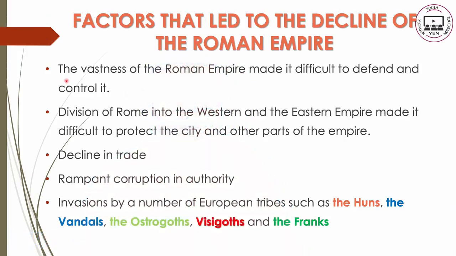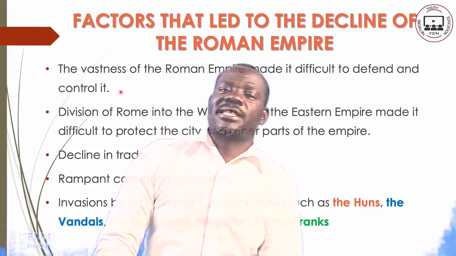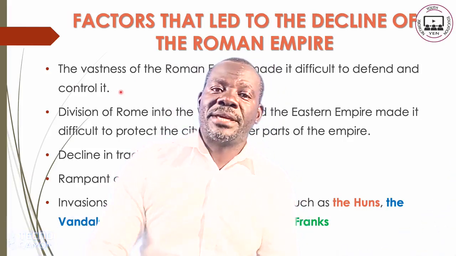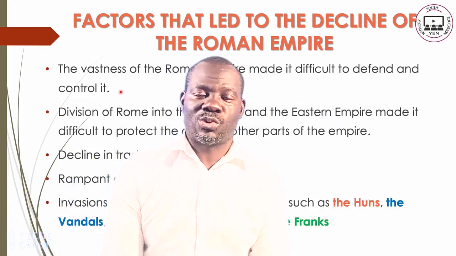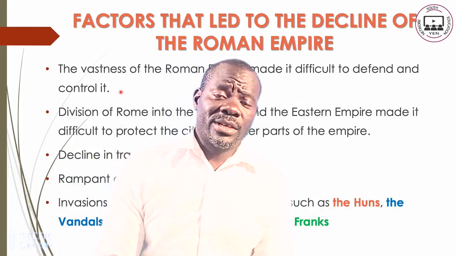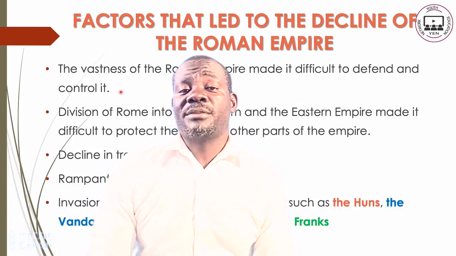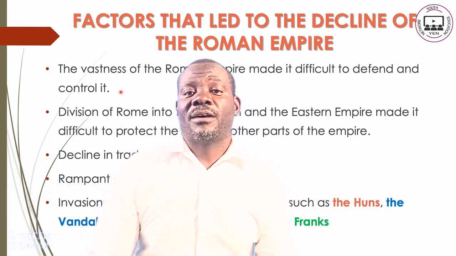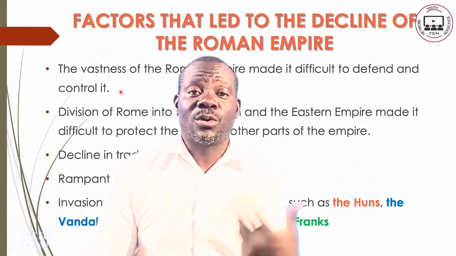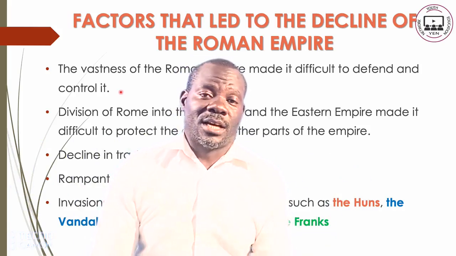Number one is that the vastness of the empire made it difficult to defend and control. What we are saying here is that the empire became very big. As a result, it was difficult to control. Nowadays, it's easy to control a big area because of technology, maybe fast transport, like aeroplanes.